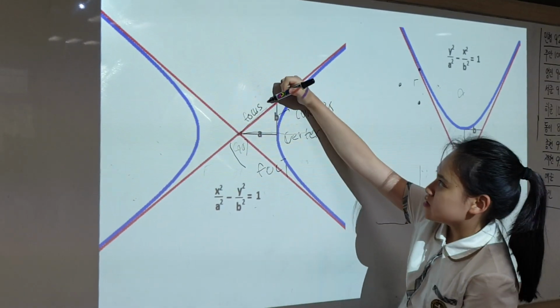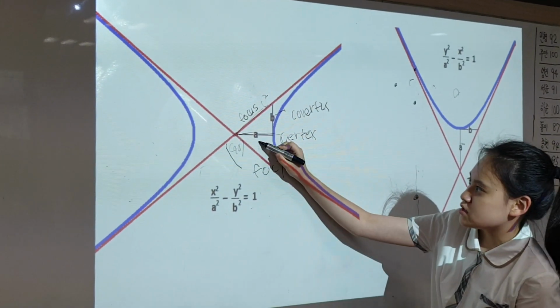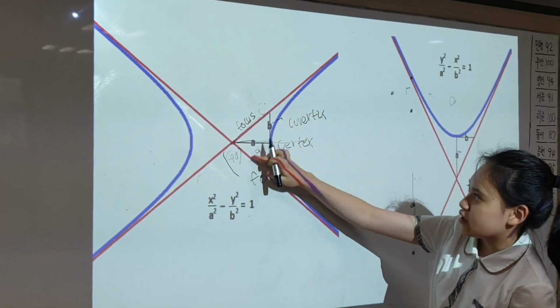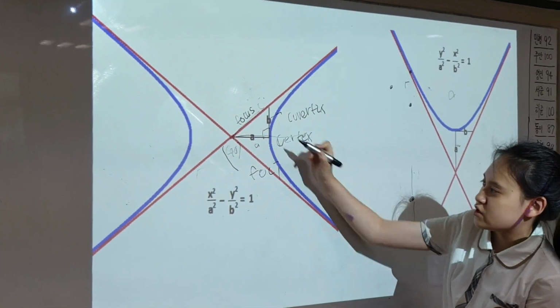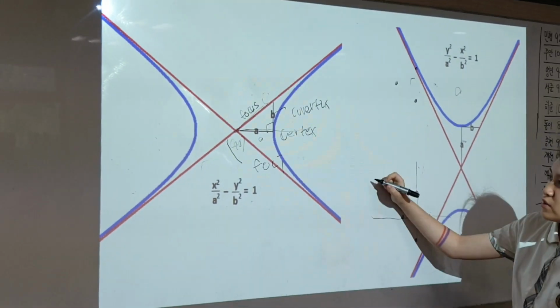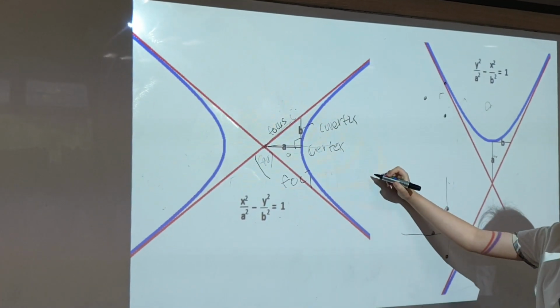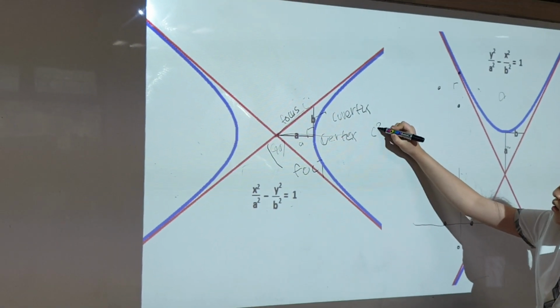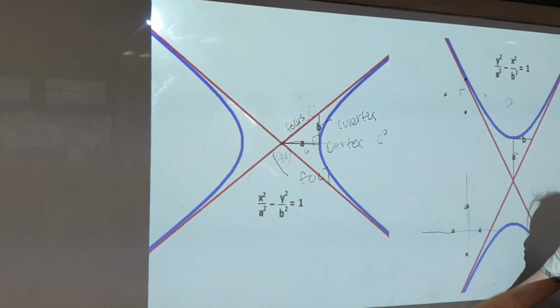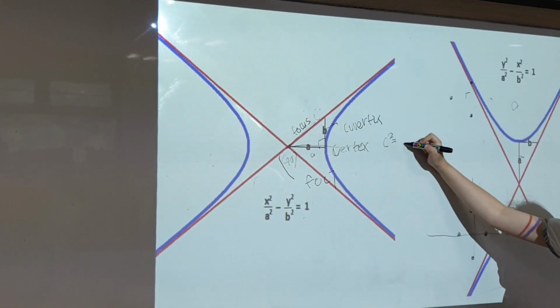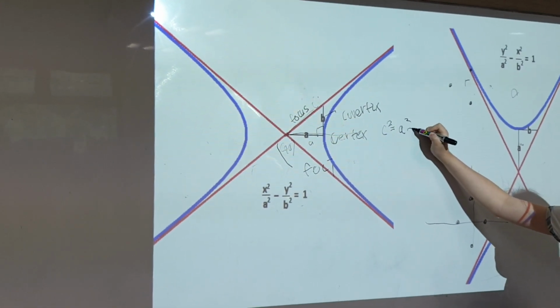So we can say this is C squared, and this is A squared, this is C, and this is A, and this is B. And since this is perpendicular, if we want to get the value of C, we can use the Pythagoras theorem, which will be C squared equals A squared plus B squared.